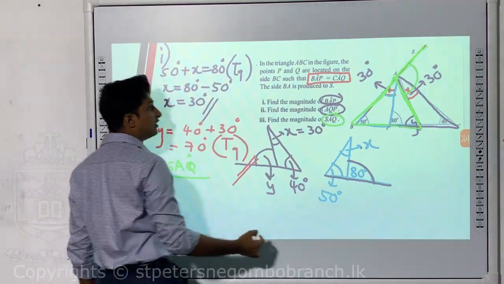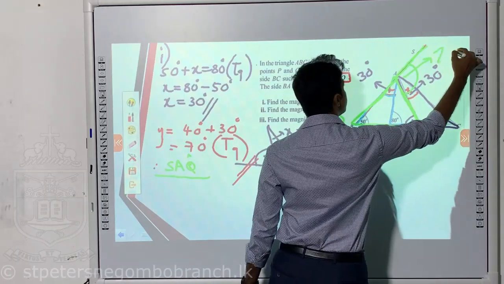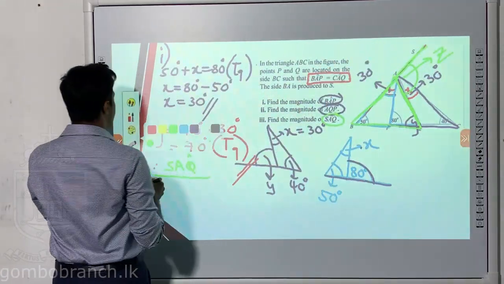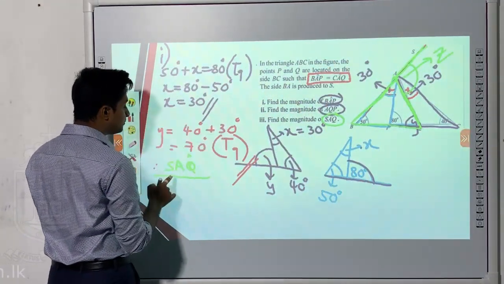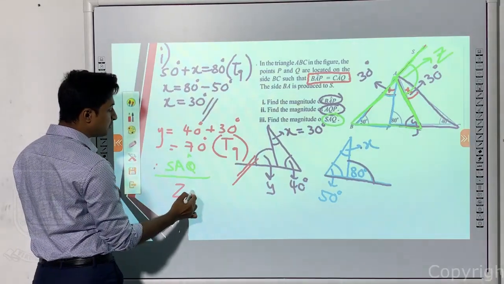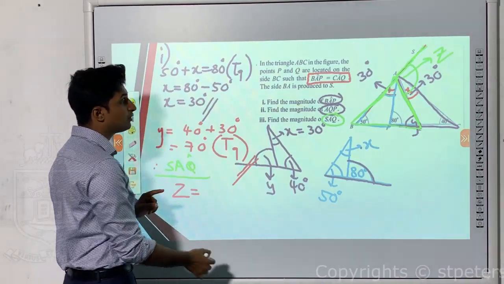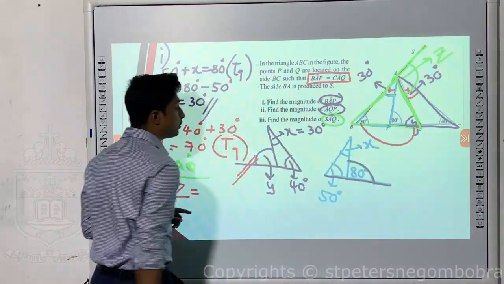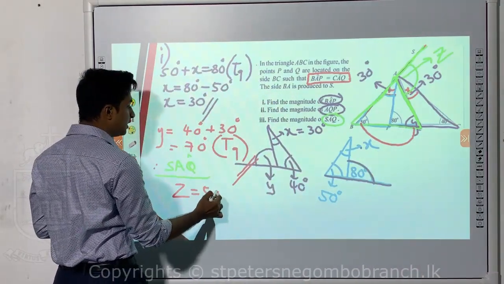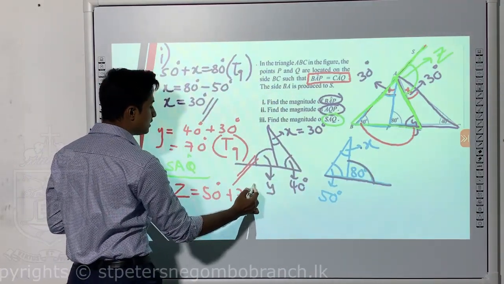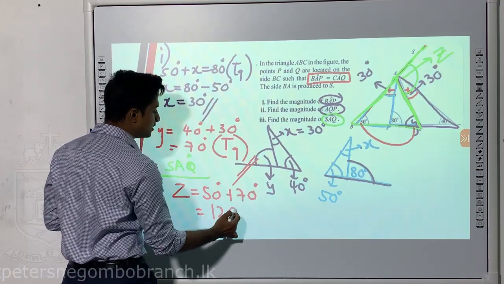When you're finding that, I will take it as Z. Z will be equal to the addition of this 50 and this Y. That is going to be 50 plus 70, that is equal to 120.